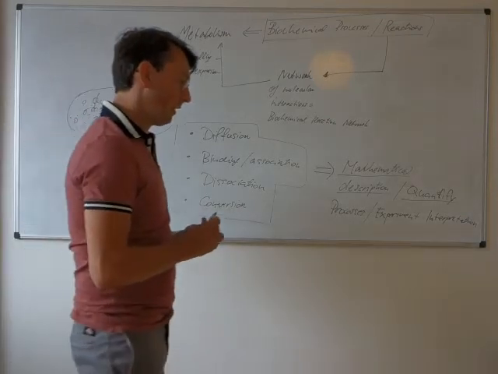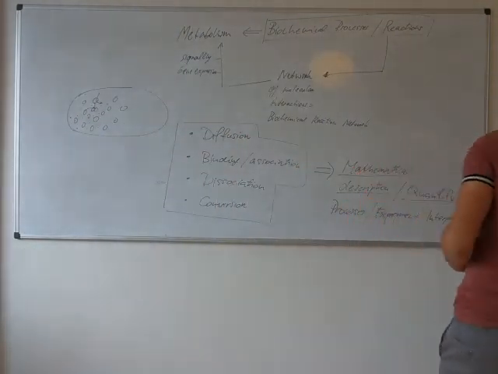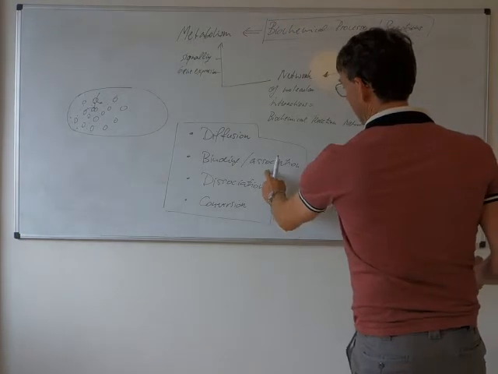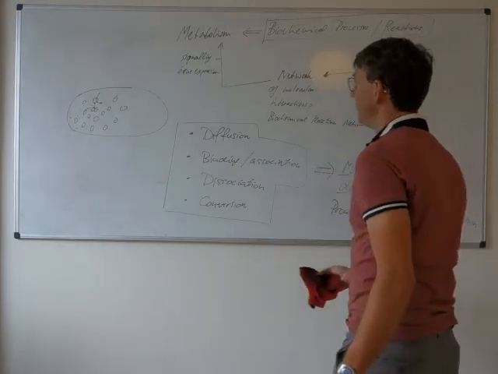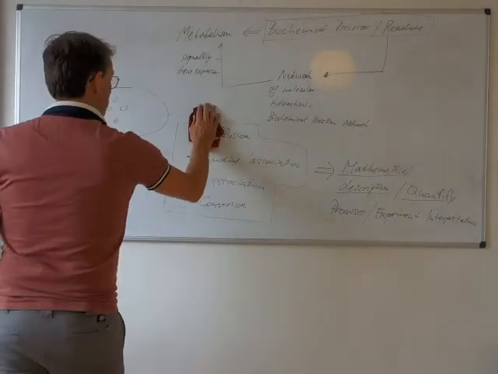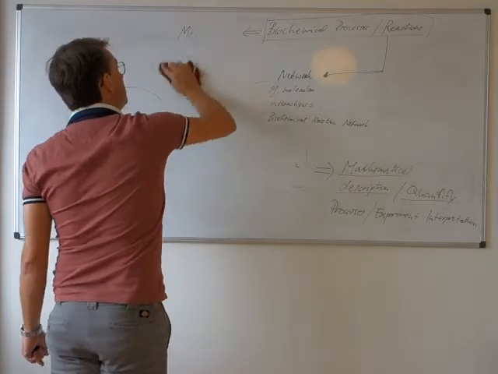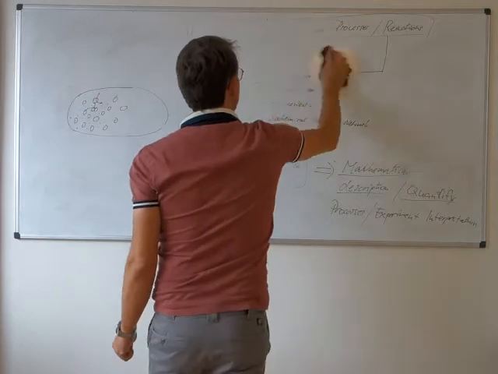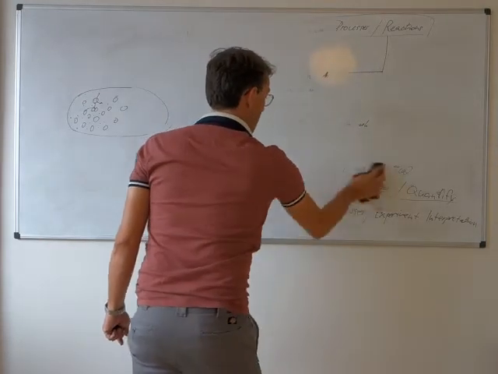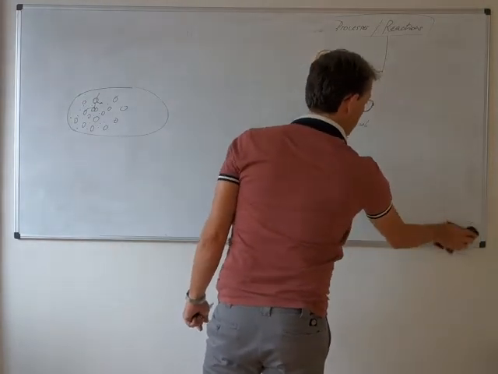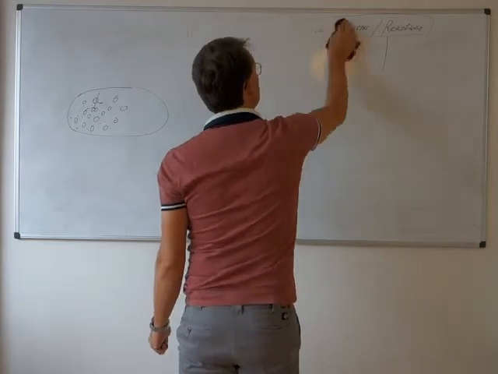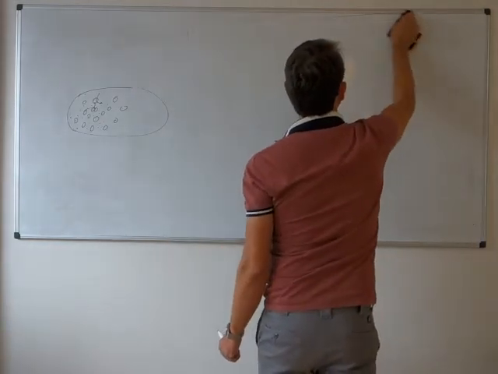So, in the next chapter we're mostly going to look at binding, dissociation, and conversion. But in this chapter we're going to look at diffusion. So let's look at diffusion. And I guess that is the last part of chapter 2. We just confirm whether that's correct.